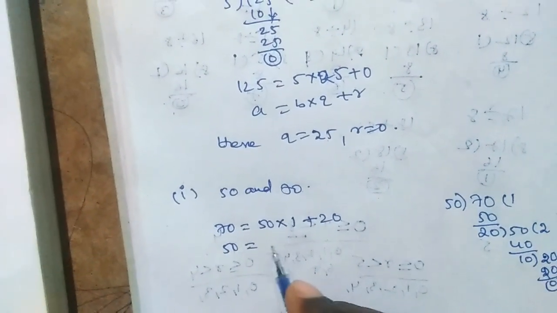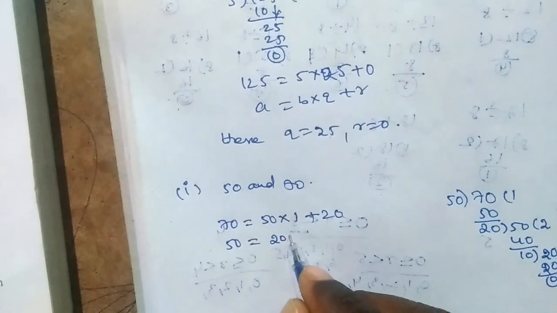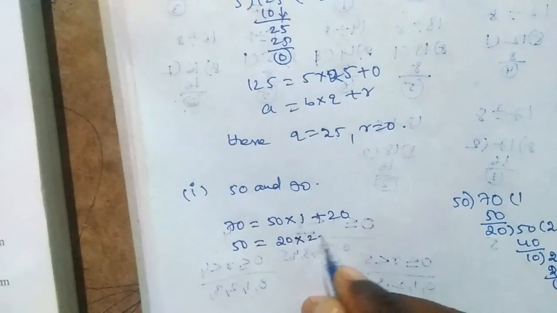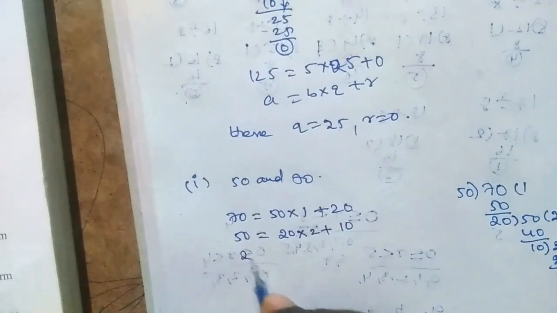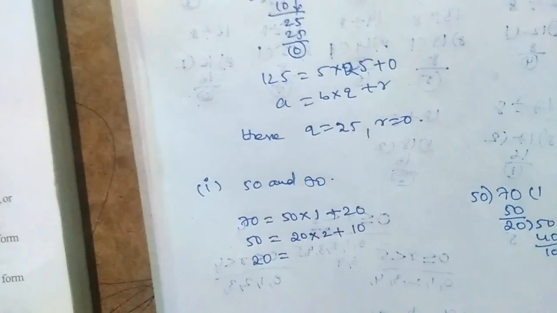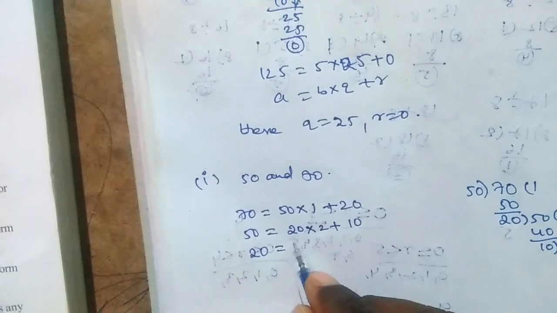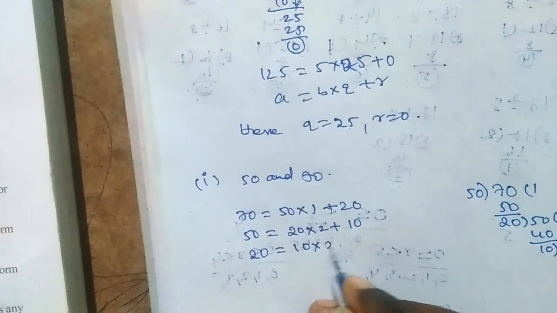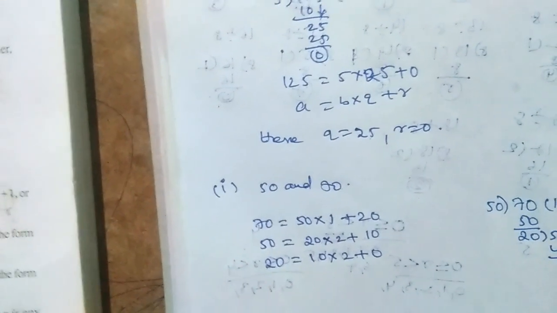How can I get 50? 20 into 2 plus 10. Now 20. How can I get 20? 10 twos are 20, plus 0. What is the HCF here?